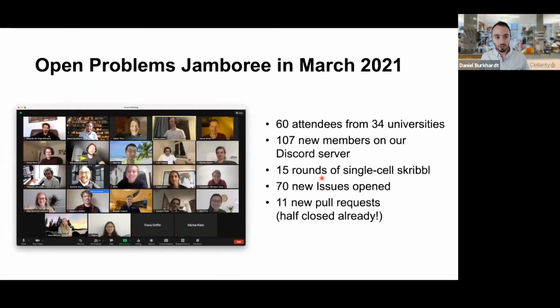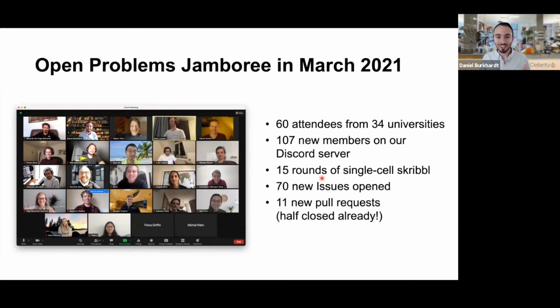I was also really excited that in March of this year, CZI helped us bring together 60 different scientists from 34 universities around the globe. We actually had even more people than who registered join us on our Discord server over 3 days to contribute new methods and new tasks to open problems.